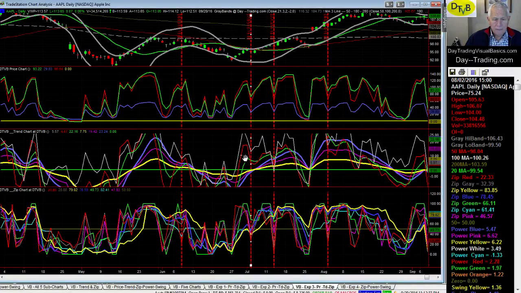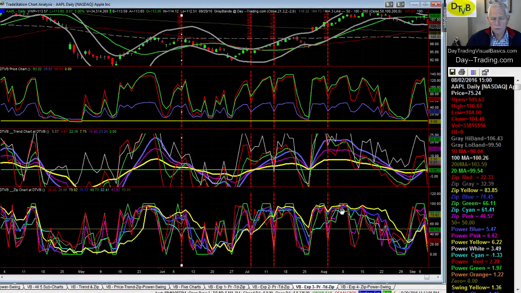Now, the last one I'll talk about here in Apple is over here on the left. Again, that one has a zip yellow high, and that zip yellow is at 82, the zip red is at 21.